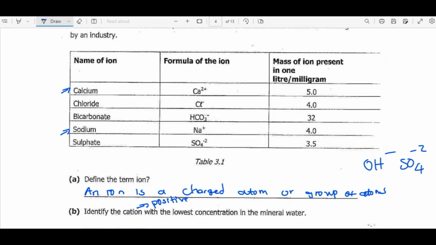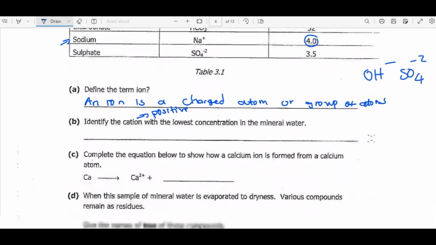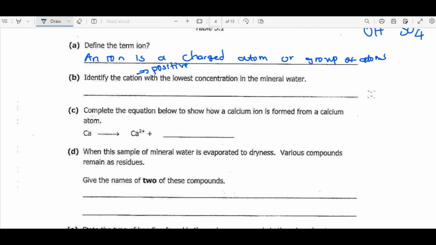Now the one with the lowest number is the sodium. So we can see that sodium is 4.0, while the calcium is 5.0. So sodium is in the lowest concentration. So say sodium plus, since they want a cation.